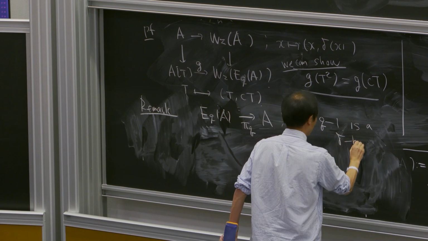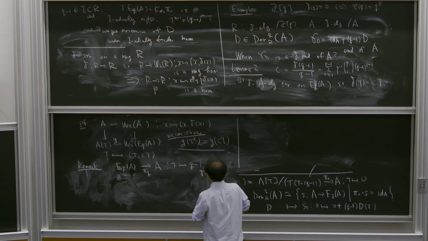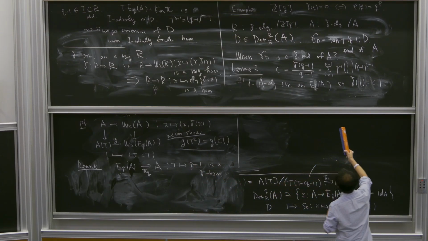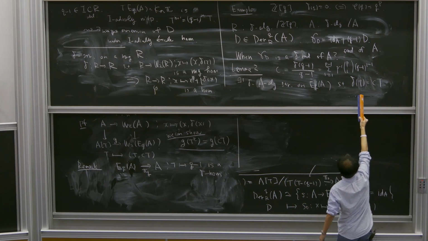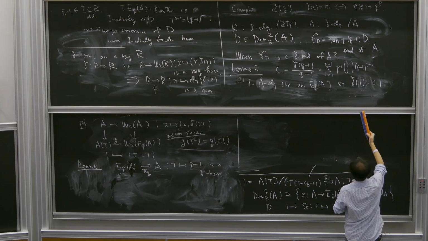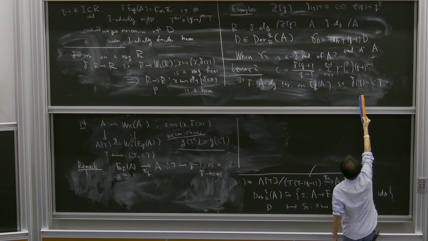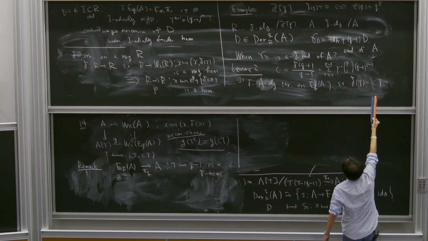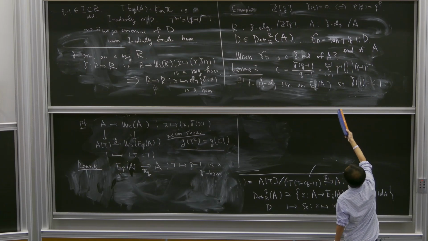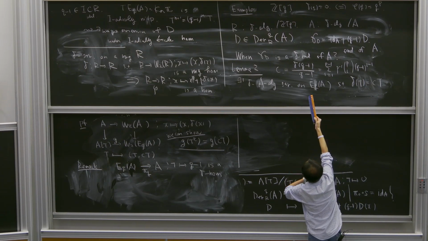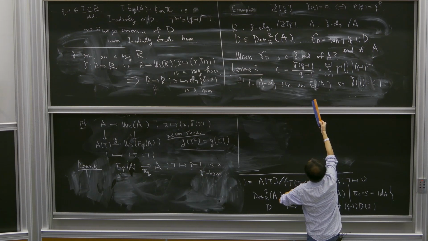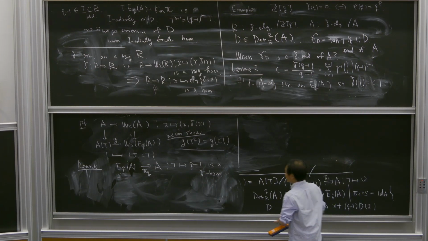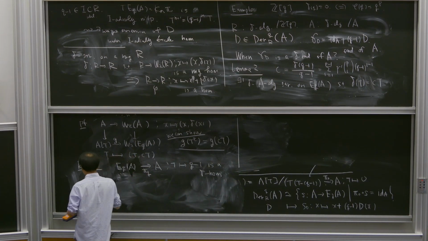So this is easy to see because by definition, delta T is equal to CT. But if you put q minus 1 instead of T, then this equality holds because C is the quotient of delta(q minus 1) by q minus 1. So yeah, but this property is quite important.